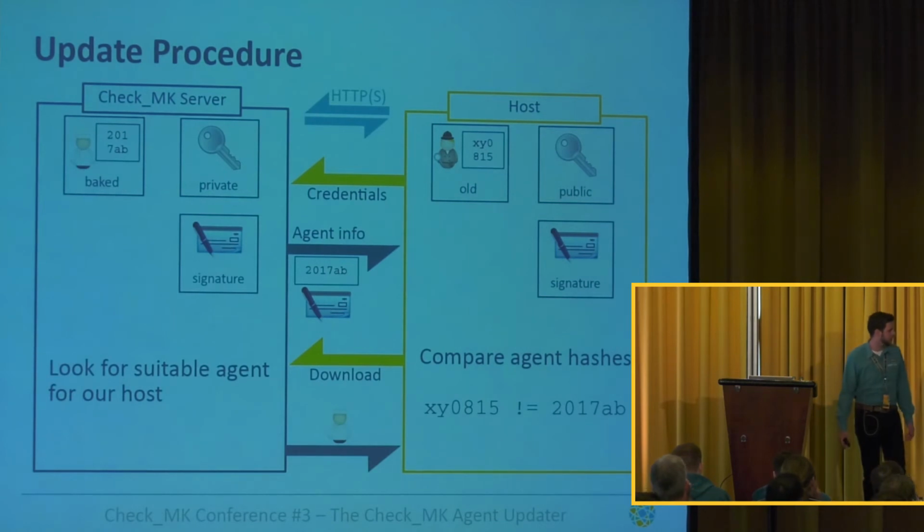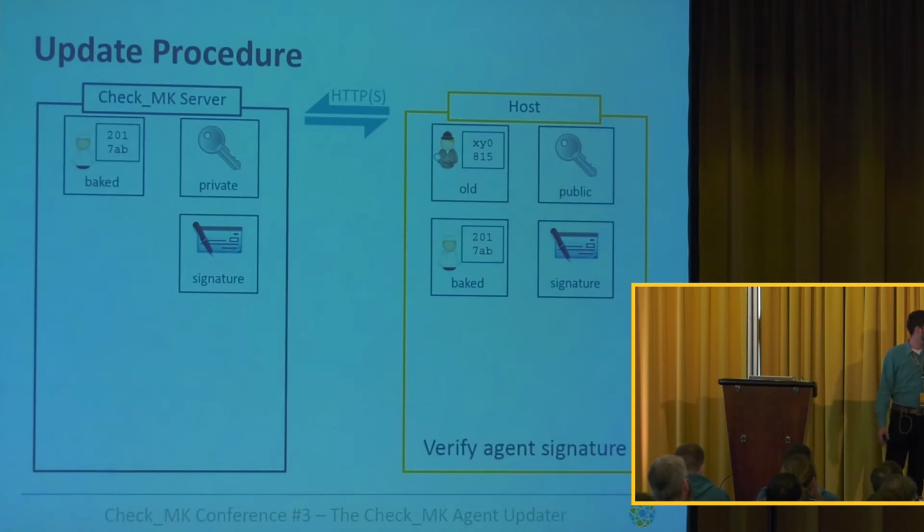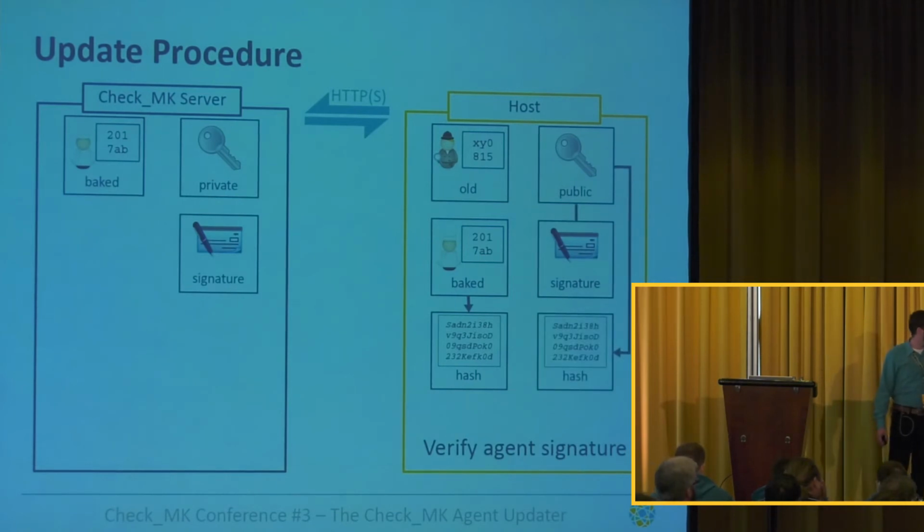And then the server gives us the baked agent, and we are then going to put it on the host. And we then want to make sure that it's from the server, so we verify the signature that we received. First of all, we also have the hash value from the binary package from the baked agent, and we then decrypt the signature.